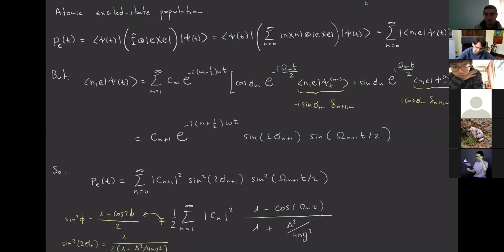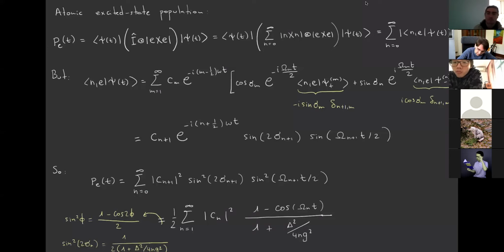omega n for each of these terms. Okay? So we have a sum, and I also changed the n index because here we have n plus 1. So instead of 0, I can call n plus 1 n, and then we run from 1 to infinity.